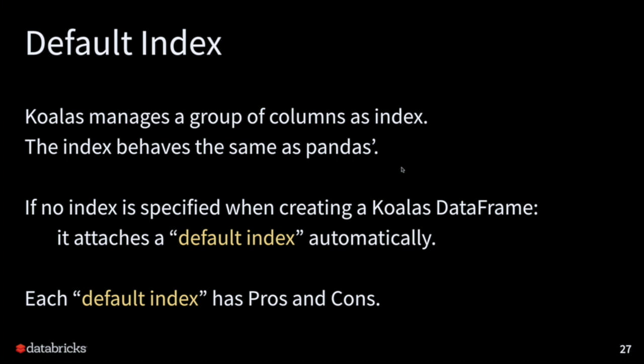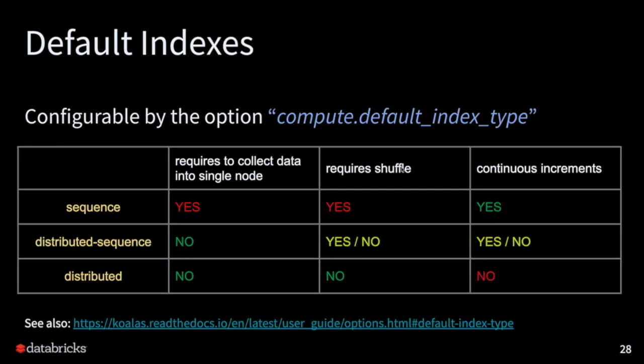If the index is not specified, Koalas will automatically attach a default index to the data frame. Koalas provides three types of default index, which have pros and cons, so we need to decide which index we should use. The three index types are sequence, distributed sequence, and distributed.